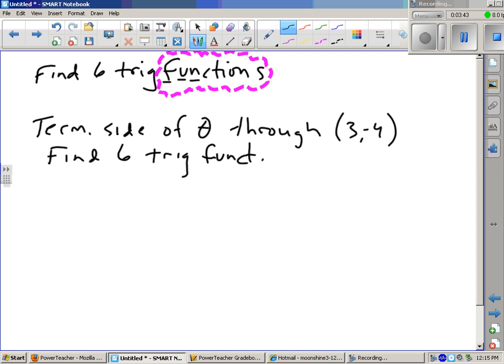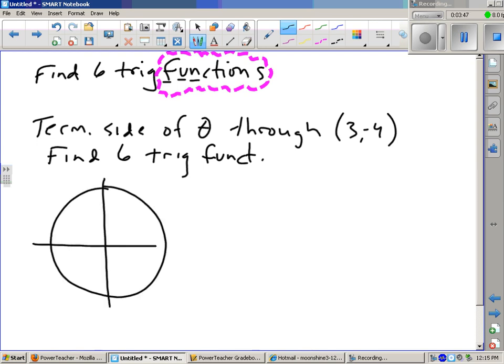Okay, so let's draw a quick sketch of it. Sketch always helps. So 3, negative 4. So I go, pretend like I'm going over 3 and down 4, and I'm landing right on the circle over here. So over 3, down 4. Let's label it 3 and negative 4.